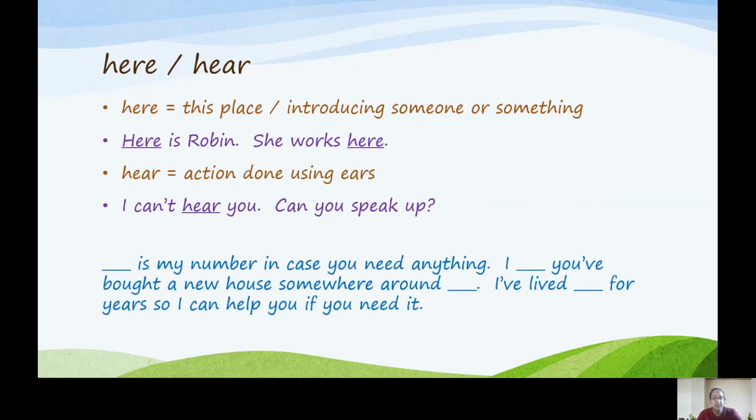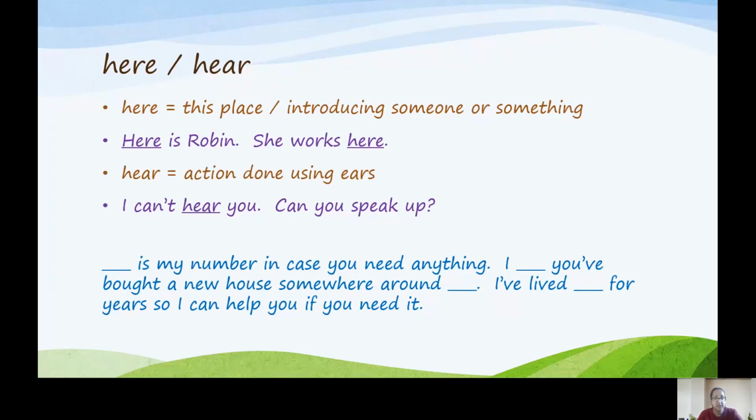Look at this bit of text here. Which of these two words, H-E-R-E or H-E-A-R, fits into each space? Have a look for a moment and think about it. So we need to begin with, here is my number.